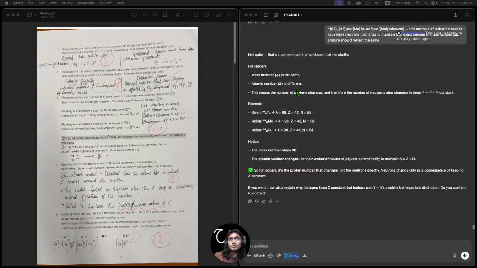That's a common point of confusion. Let me clarify. For isobars, mass number is the same, atomic number is different.